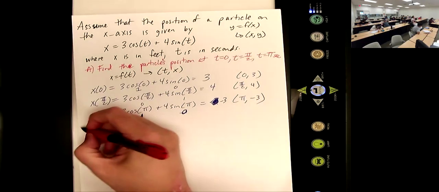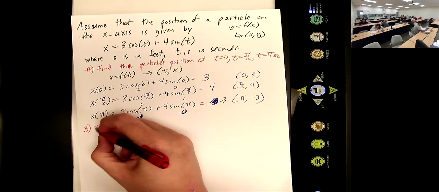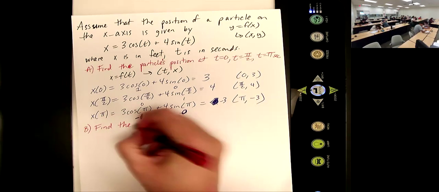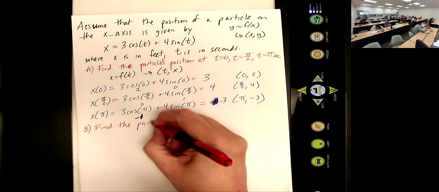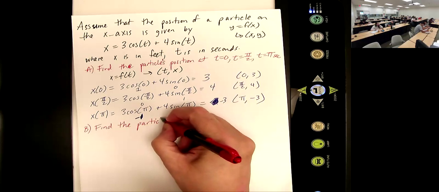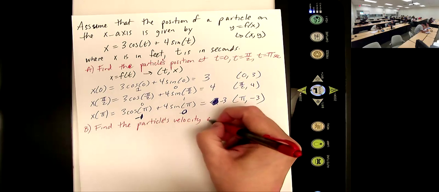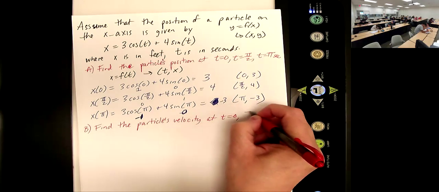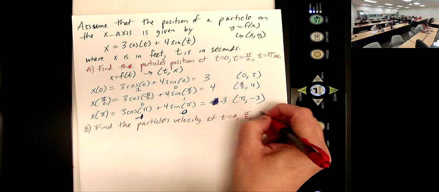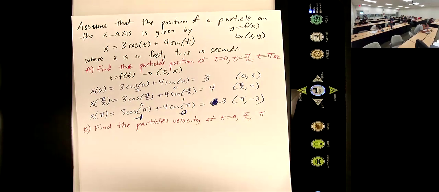And on B, find the particle's velocity at the same time. This is basically a dot that moves back and forth on the number line.